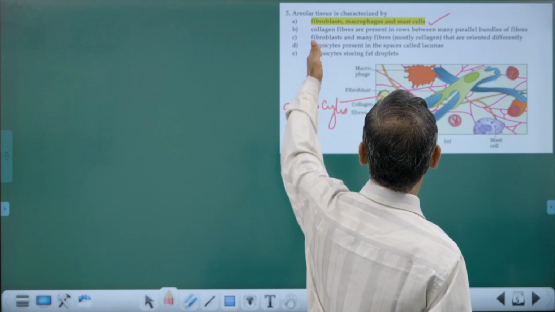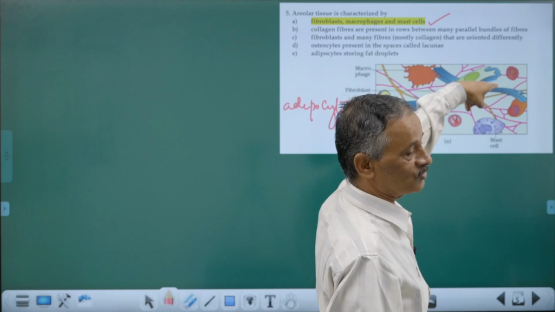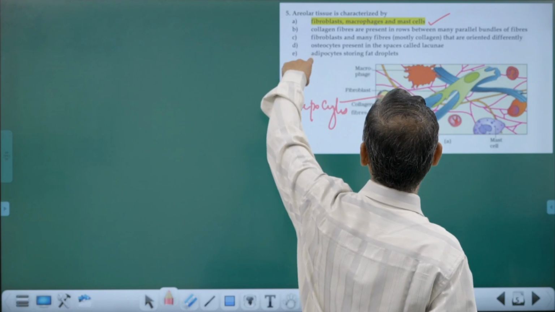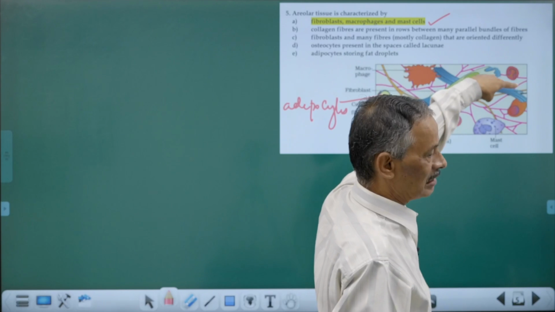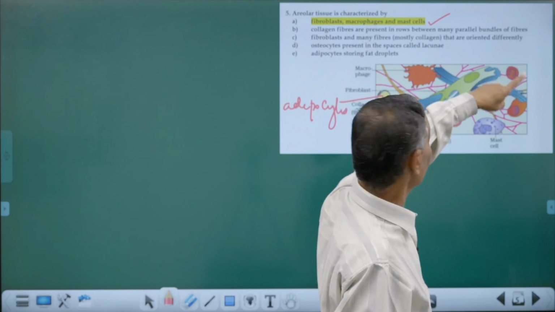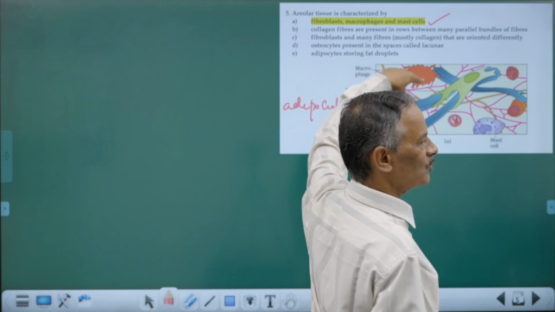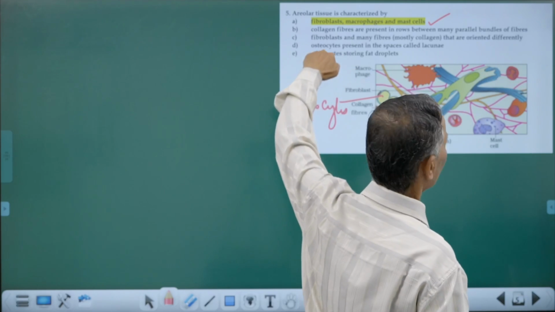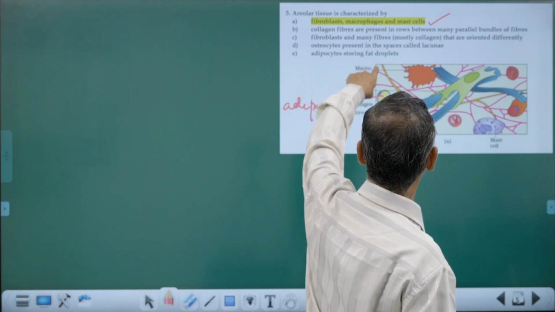Okay. Collagen fibers are present in rows between many parallel bundles of fibers. No, that is dense, regular. Fibroblast and many fibers that are oriented differently, that is dense, irregular. Osteocytes. Osteocytes are the cells of the bone. They are present only in the bone tissue, which is a specialized connective tissue. Adipocytes, storing fat droplets.